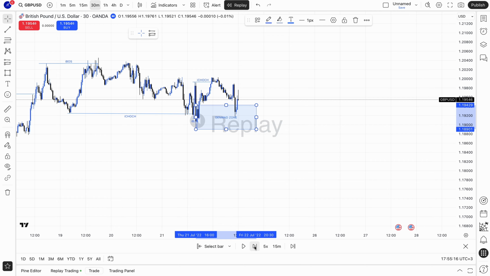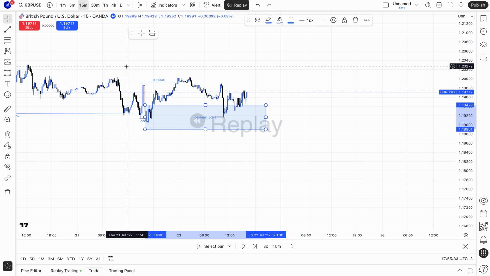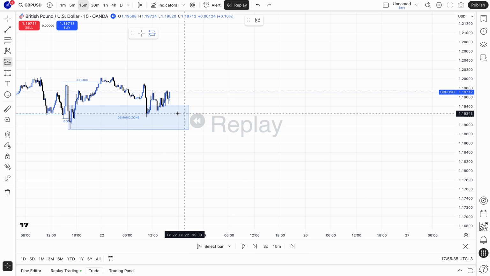With that tap, we need our confirmation. Haven't got that confirmation, then you get it. But the entry is a little bit tricky.